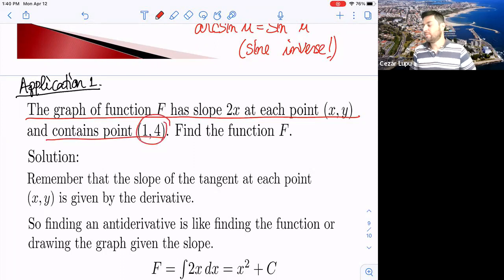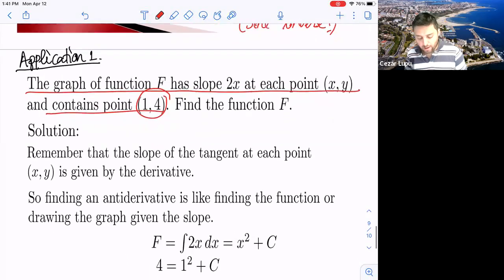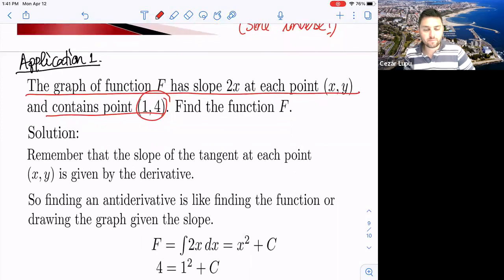So in other words, this means what? That F of 1 is 4, right? So if we plug in x equals 1, we will have that 1 squared plus c is 4.